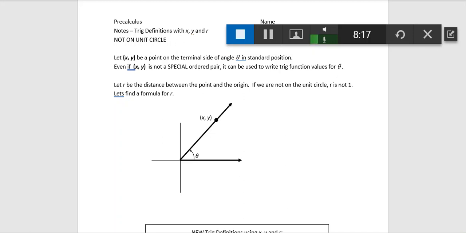Now, there's a couple different ways you can do this problem. One of the things that might help you is to draw a little picture of the angle we're talking about.